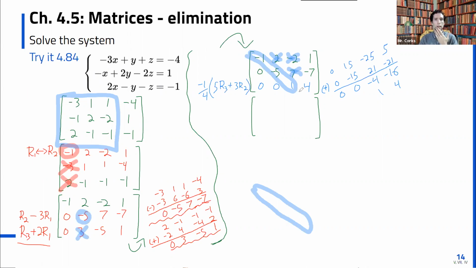What's our strategy? Find out the second row. Second row. So the 7 here? No.